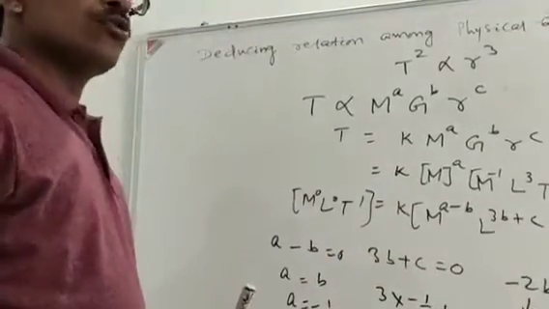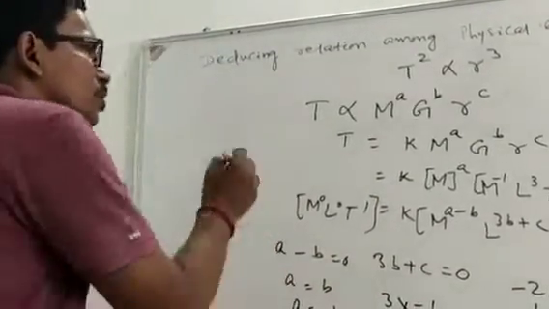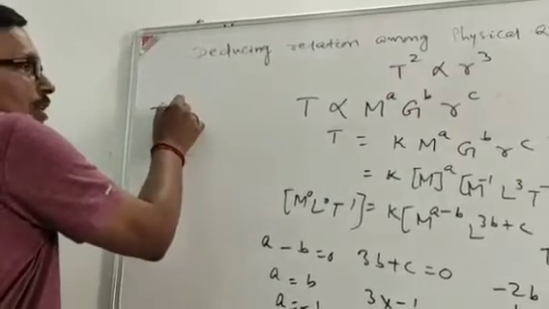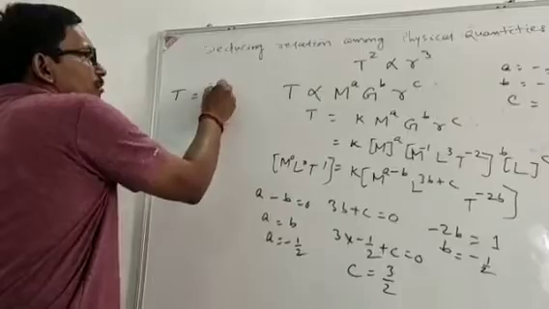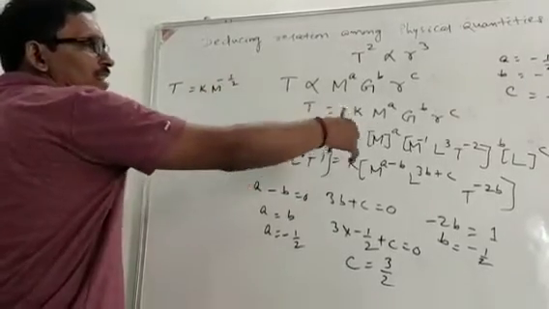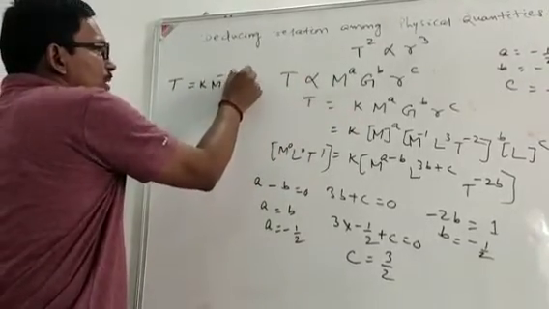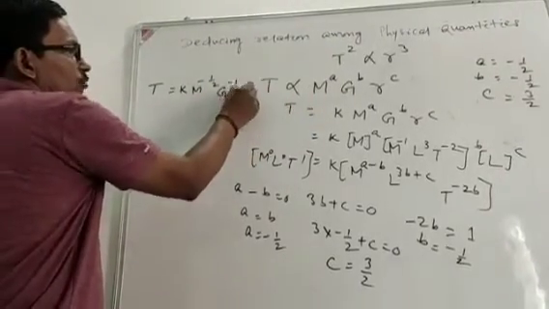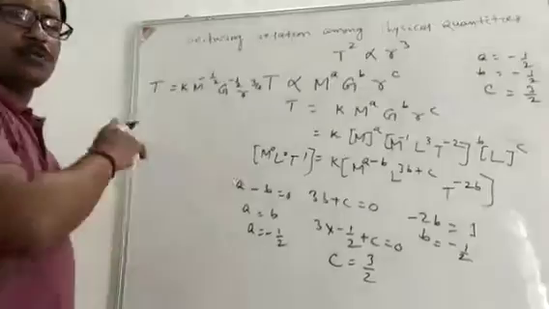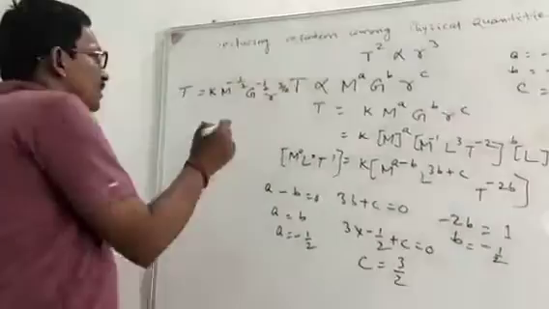On putting the values now, what will you get? So T is equal to k M to the power minus half, G to the power minus half, and R to the power 3 by 2. And if you take the square on both sides, what do you get?